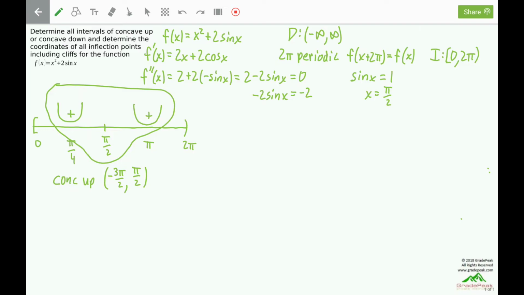And therefore, there are no other candidates to be inflection points, and since pi over 2 is not an inflection point, there are no inflection points. In general, trig functions either have an infinite number of inflection points or they have no inflection points.